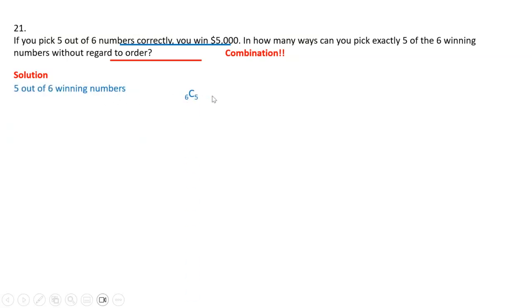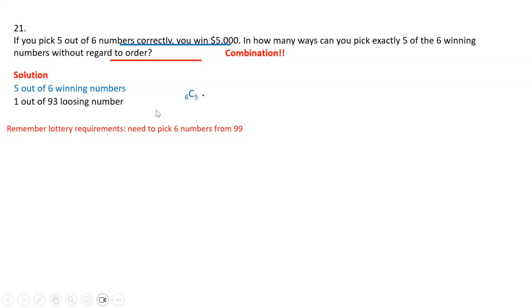There's going to be 6 combination 5. But remember, the lottery requires you to pick 6 numbers. So these are the winning numbers, 5 out of the 6 winning numbers, so that's why it's 6 combination 5. Now these numbers were already chosen, so there's 93 left.